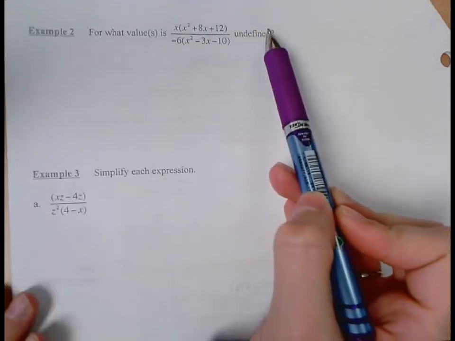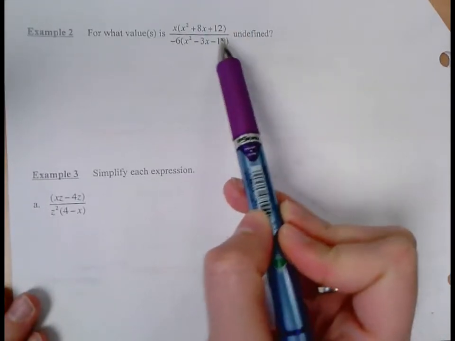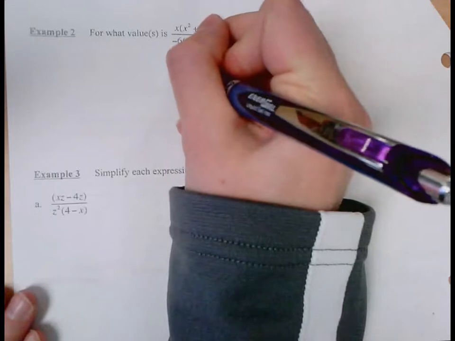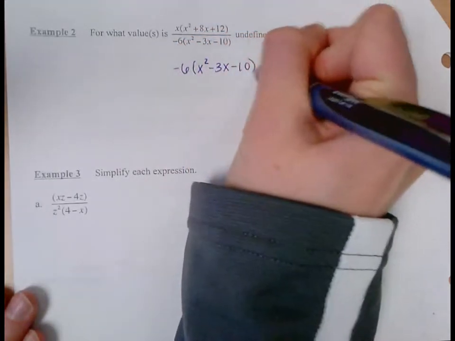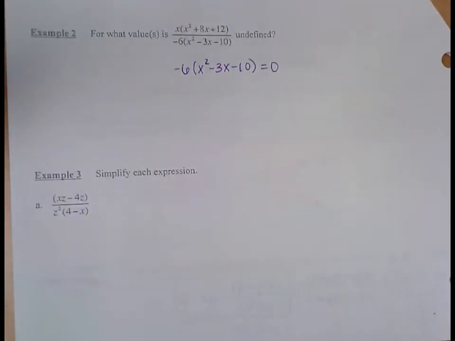Simply think to yourself, it's undefined if the denominator is 0. So you can start out right away by just setting the denominator equal to 0 and then solving for x. But don't simplify first.